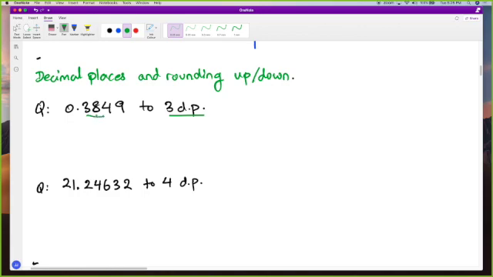So it's up to here I want, right? But do we round up or do we round down? We have to look at the number after, right? So 0.384 is up to here I want. And then we have to look at the number after. And this number here is more than 5.